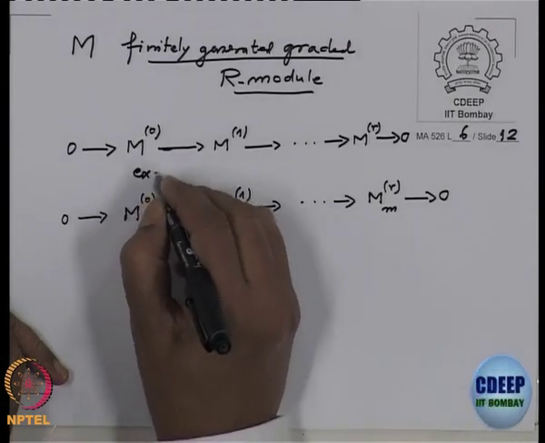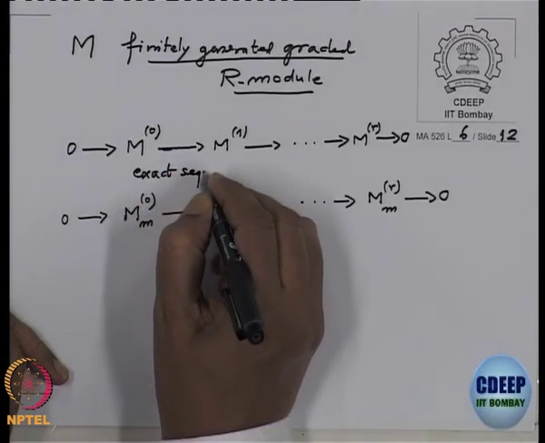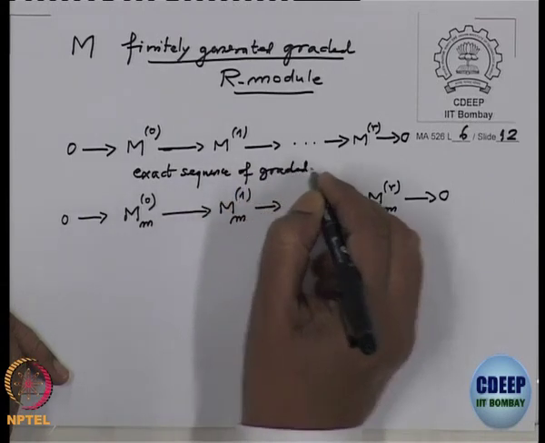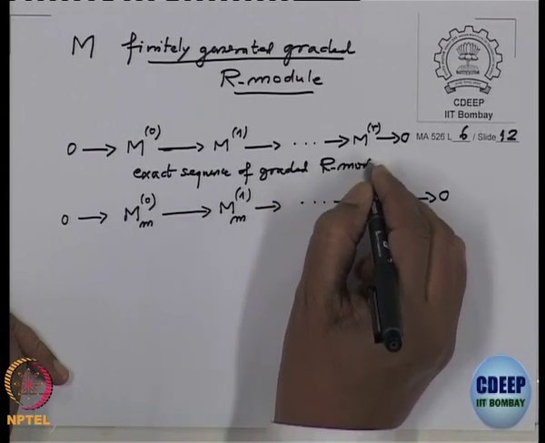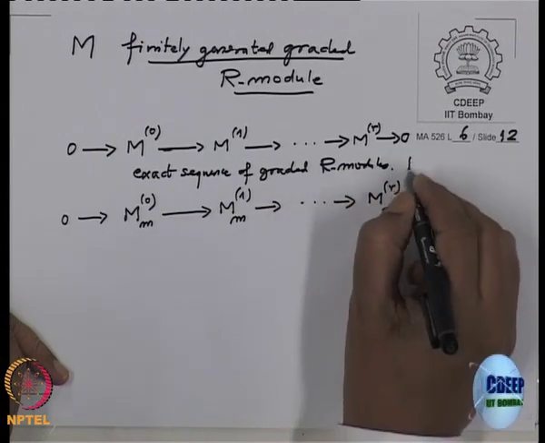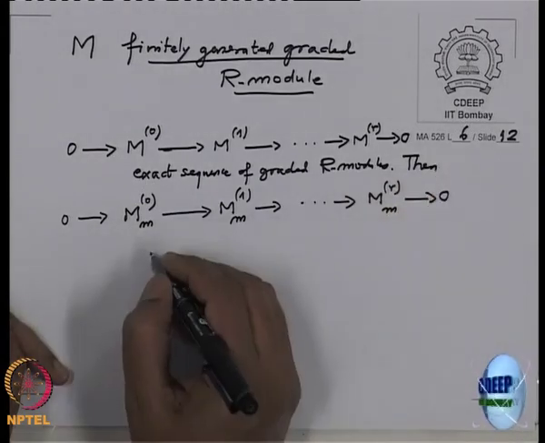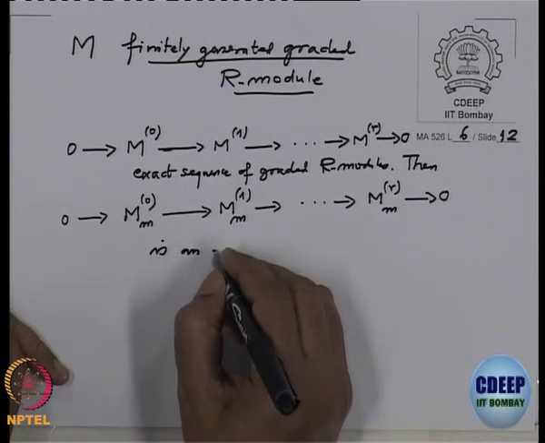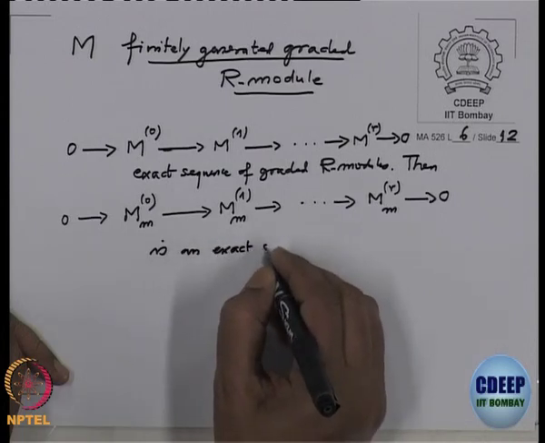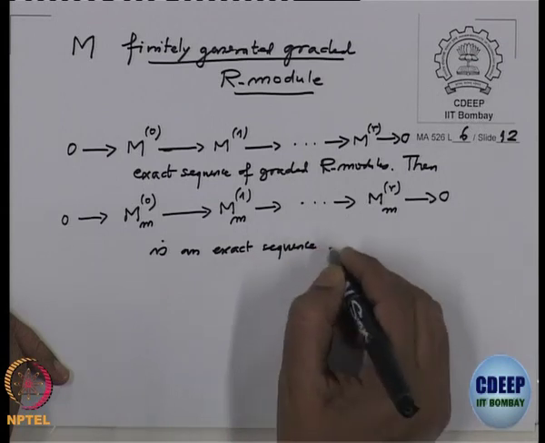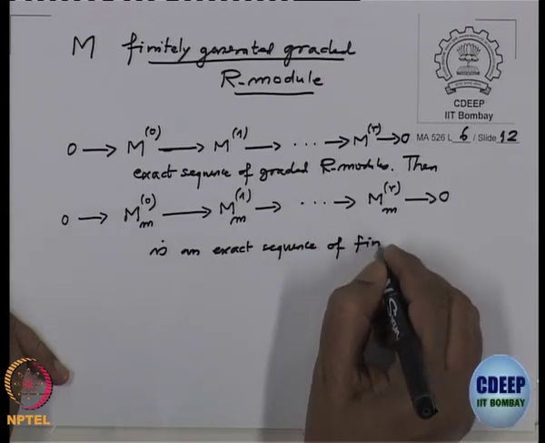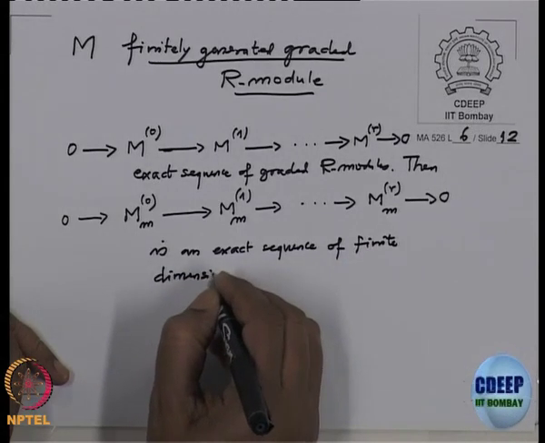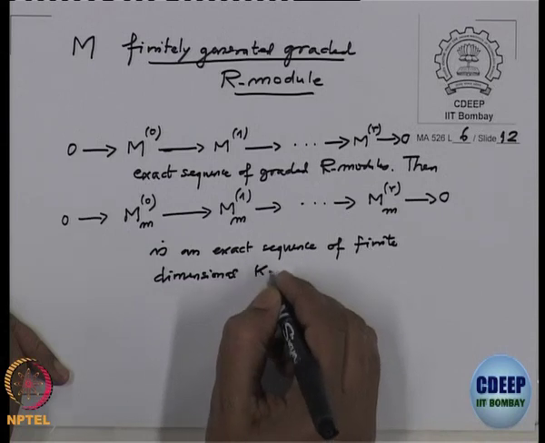So if this is an exact sequence of graded R modules, then this sequence is an exact sequence of finite dimensional K vector spaces.